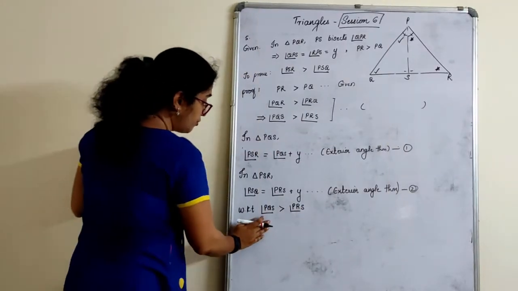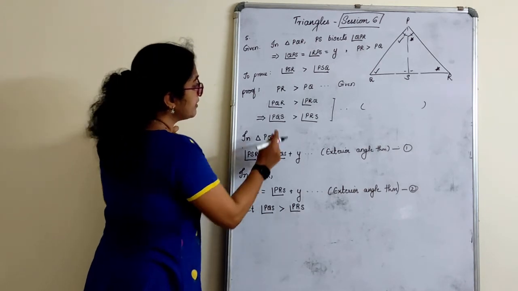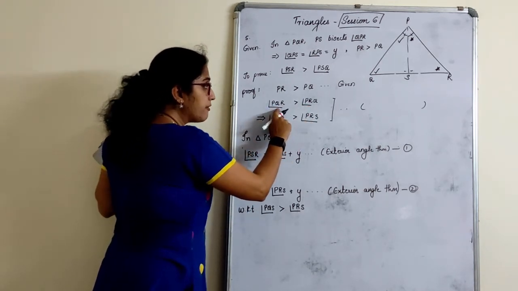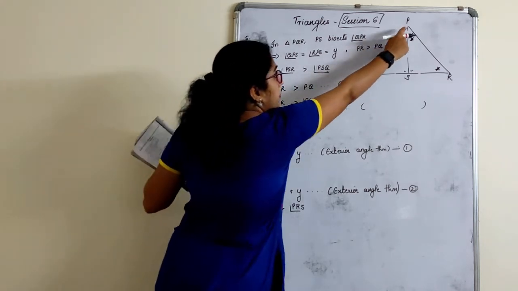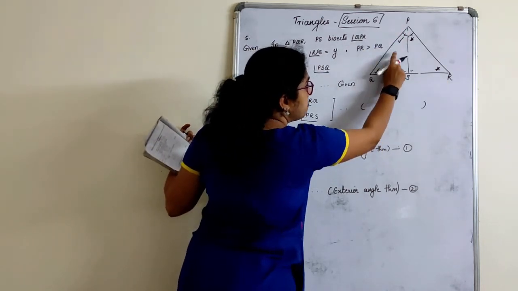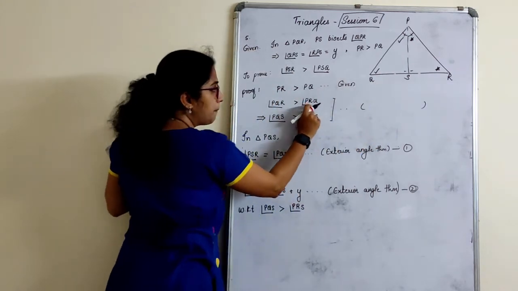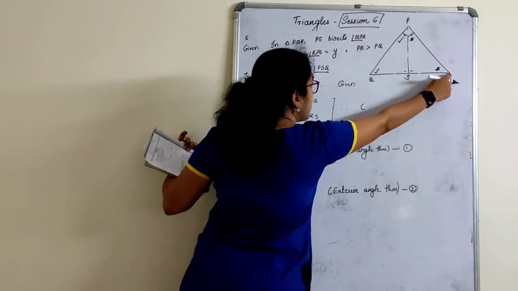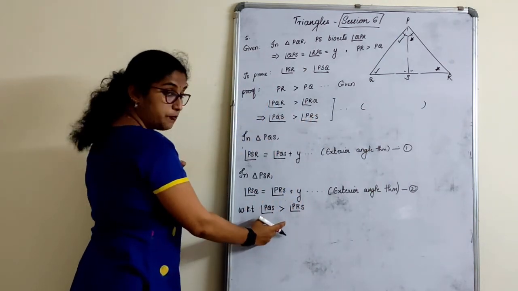PQS is not given. PQR is greater than PRQ is given. But PQR, I wrote it as PQS, and PRQ, I wrote as PRS, right?